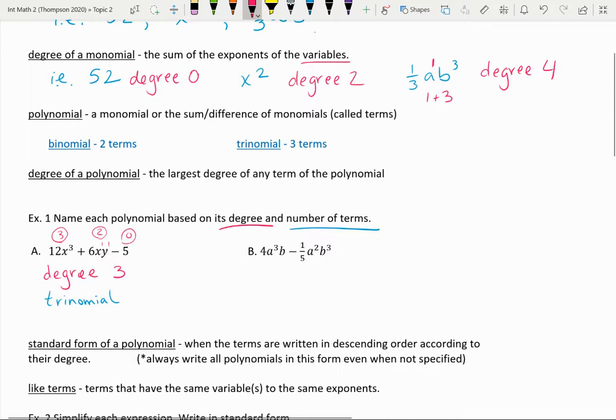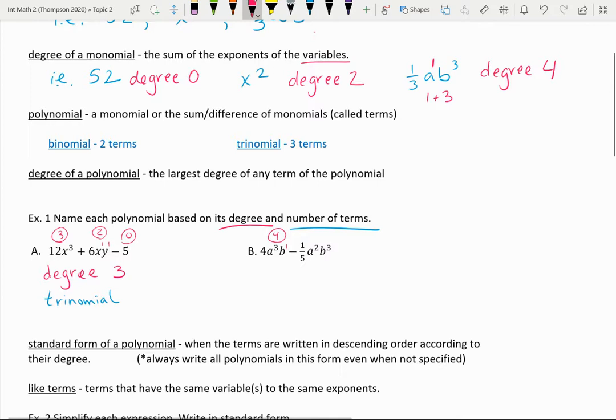B, 4a cubed b minus 1/5 a squared b cubed. So let's find the degree of each term. So 4a cubed b. The degree here, I have an exponent of 3 and an exponent of 1. So this is going to have a degree of 4.